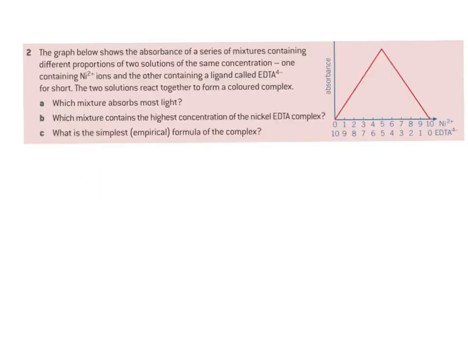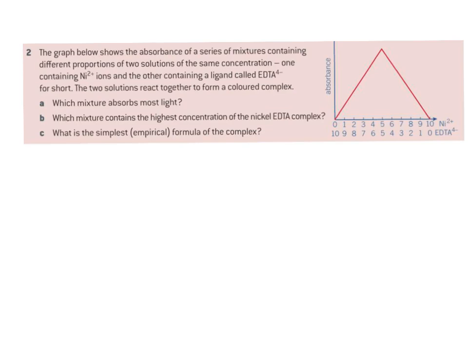This is an example of a summary question from your Kerboodle textbook. Let's see if you can answer it. The question shows you the absorbance of a series of mixtures containing different proportions of the same concentration, one containing nickel 2+ ions and the other containing the EDTA ligand.